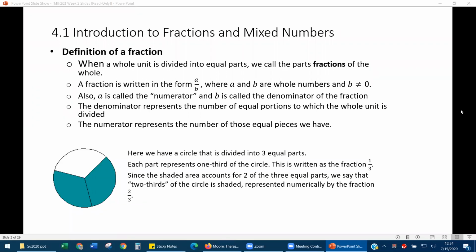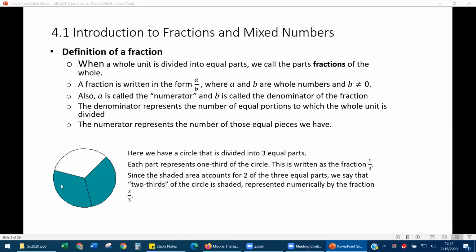Okay, so fractions A over B, where A and B in this case should be whole numbers. B is not equal to 0. A is called the numerator, B is called the denominator. The denominator represents the number of equal portions to which the whole unit is divided. The numerator represents the number of those equal pieces we have.